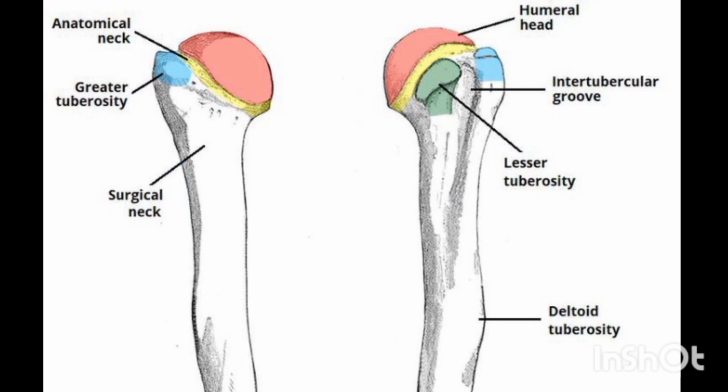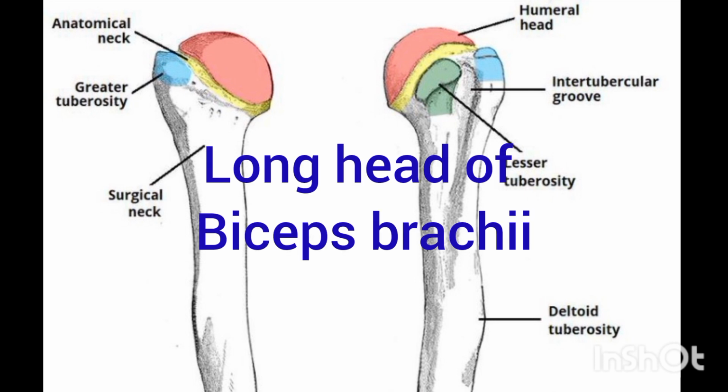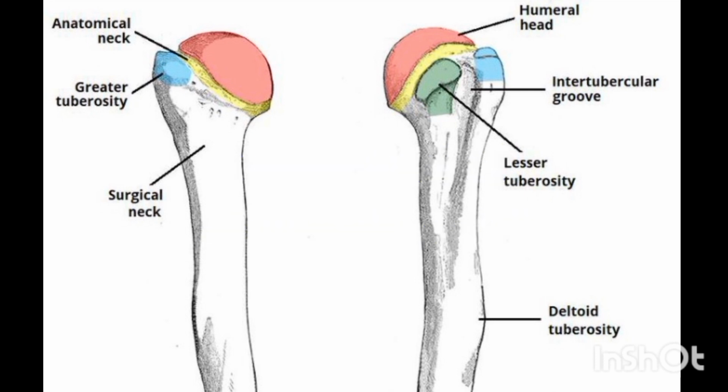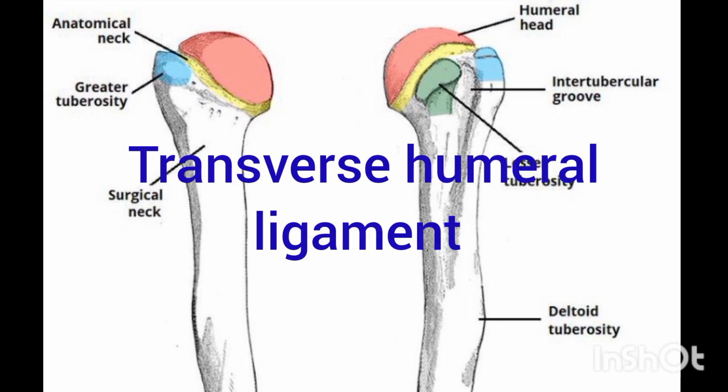Now, the floor of this intertubercular groove or bicipital groove provides an insertion site for your latissimus dorsi muscle. Your lateral lip provides an insertion site for your pectoralis major muscle, and the medial lip provides an insertion site for your teres major muscle. Now, this intertubercular sulcus or bicipital groove lodges the tendon of the long head of biceps brachii muscle. This groove is bridged by the transverse humeral ligament.